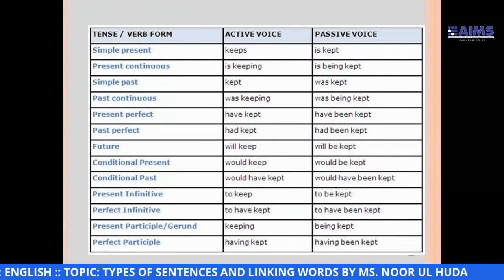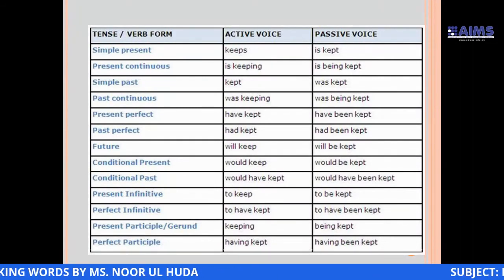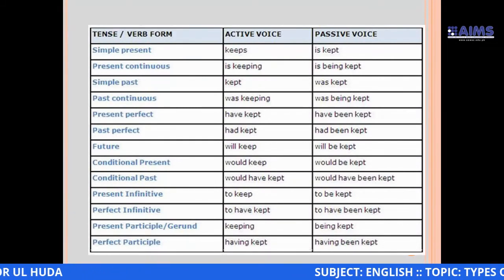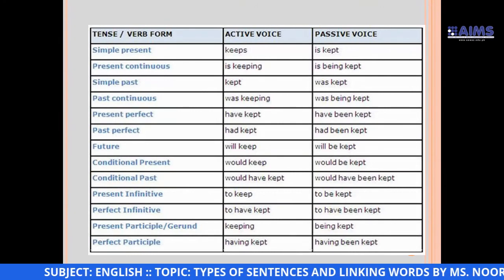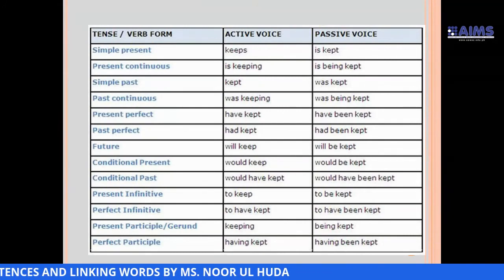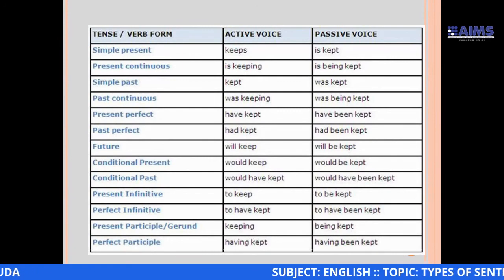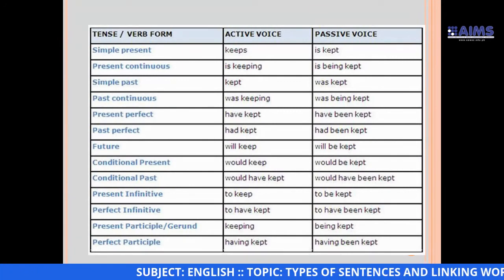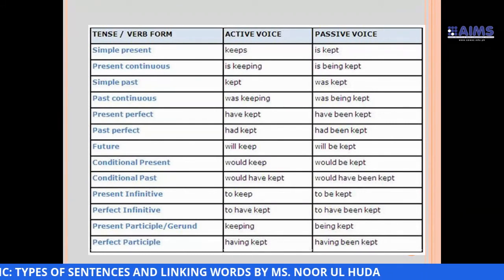Now the simple past: kept. Here we are using the second form, but in the passive structure we always use the third form, and to show the past we use "was kept." Similarly, "the secret was kept," or "the secrets were kept."